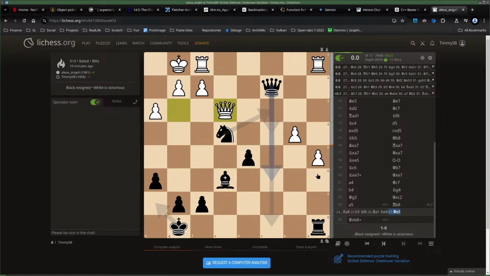Yeah, no need to defend this square, I guess. Between here or there. I think this is better. You can push the pawn, maybe still defending the knight.